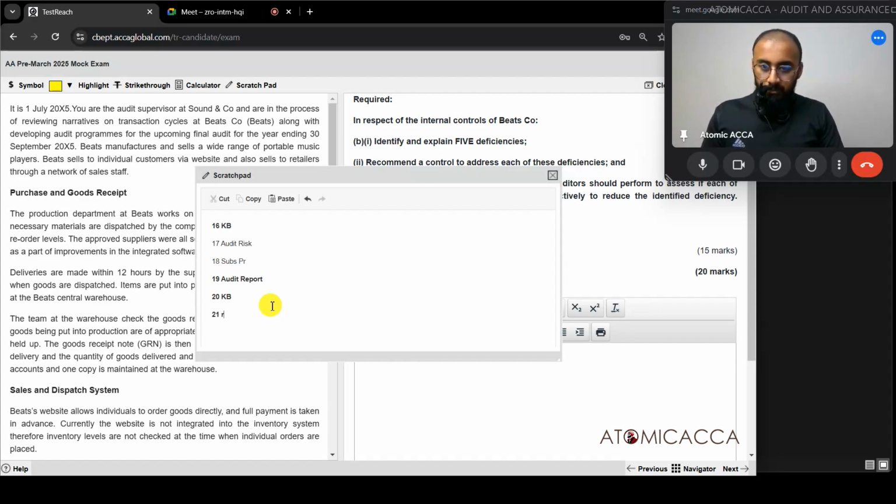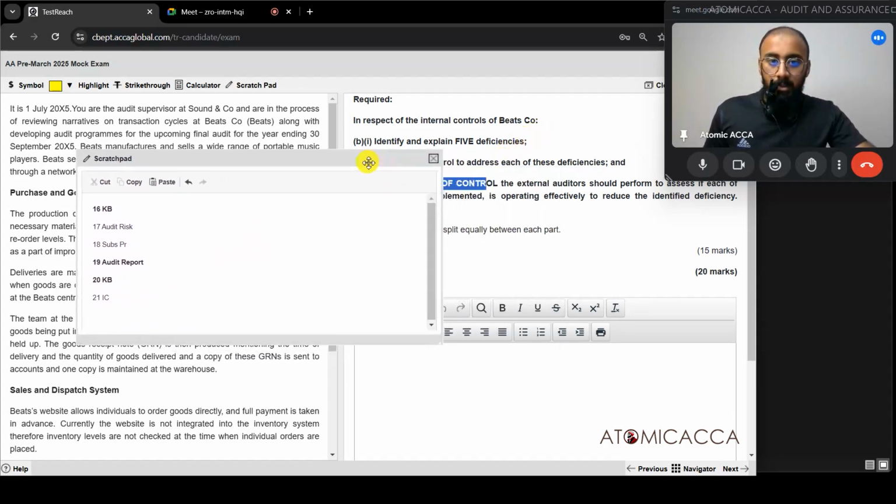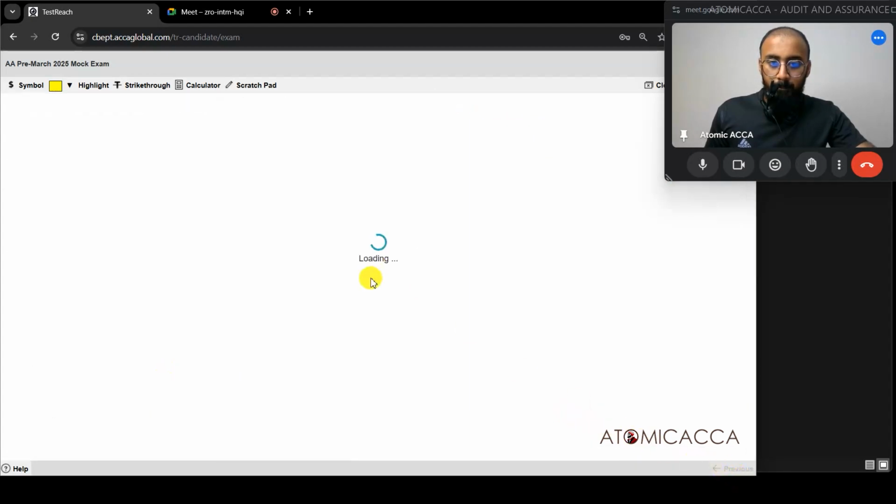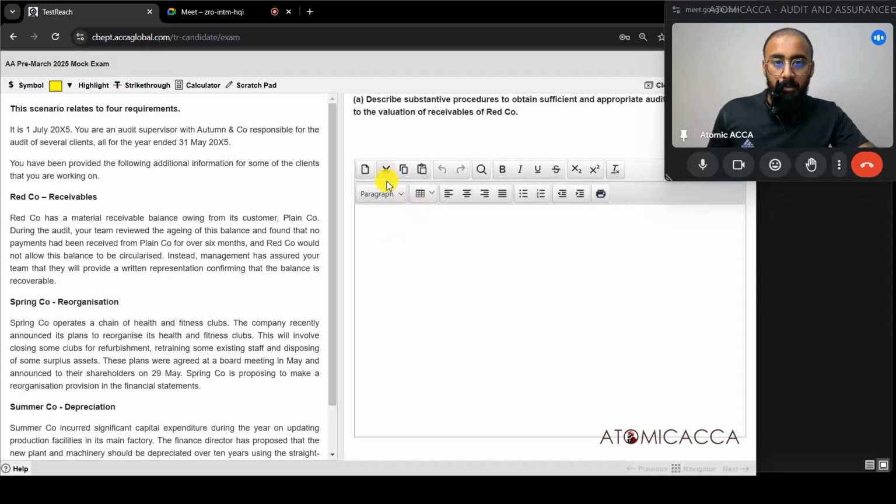Then question 22 is substantive procedure. Probably we reached the last one, so here mostly everything will be substantive procedure. Generally that is the trend.